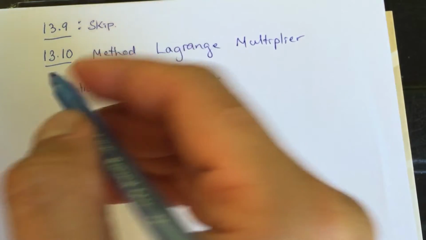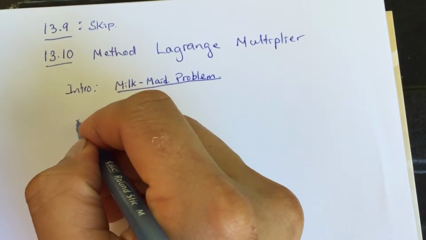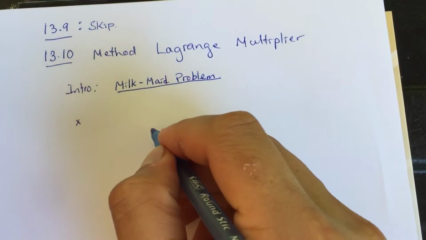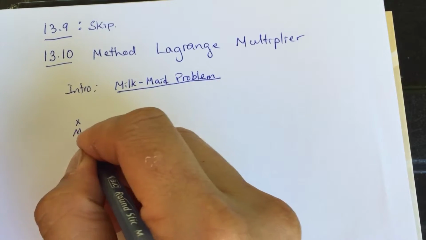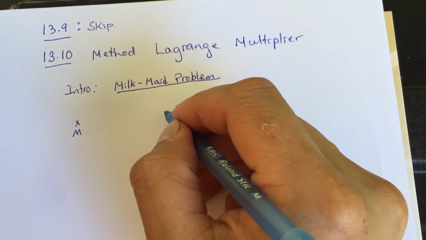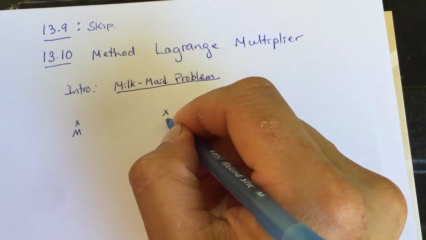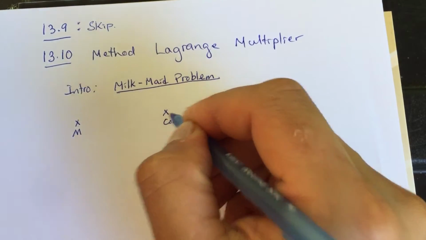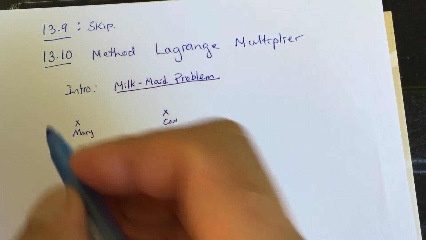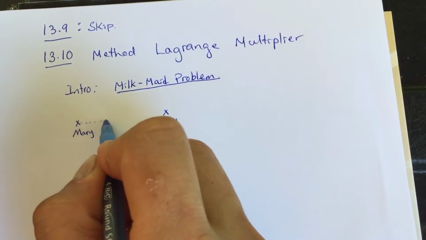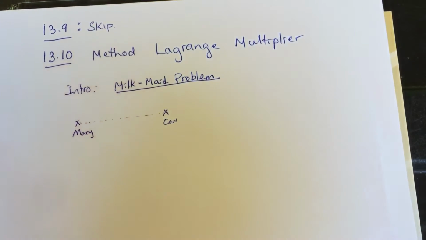It would be nice if I ask you how far you travel from this location, let's call this location M, named Mary, to this location X here for the cow. Mary and a cow. And of course, the shortest distance between these two points is a straight line that connects them. That's the minimum distance.